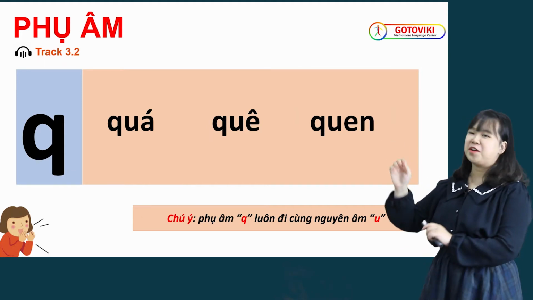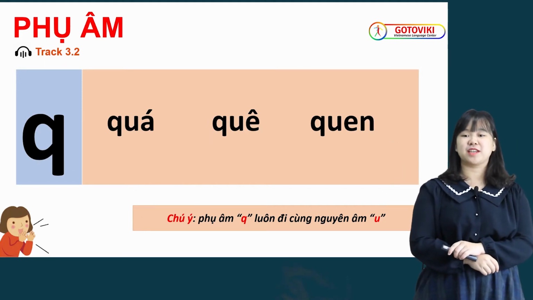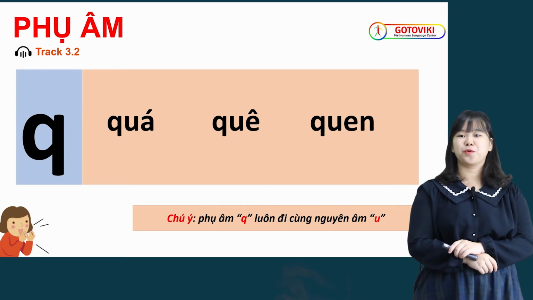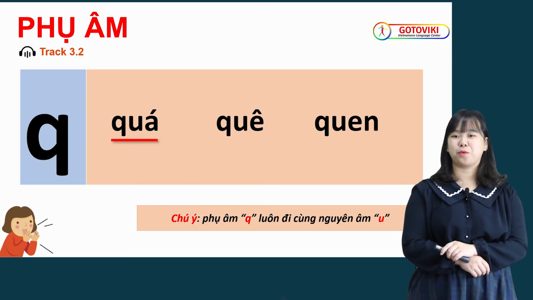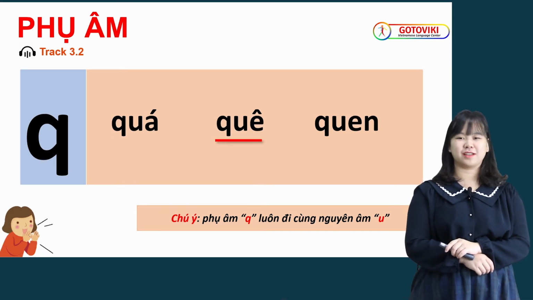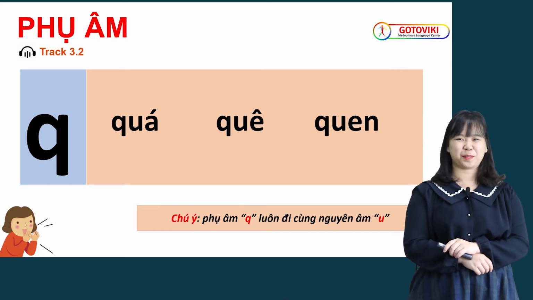Another letter in Vietnamese, which is also pronounced as G, is the letter Qu. Okay, đọc theo mình nhé. G, G, G. For example, quá, quê, quen.